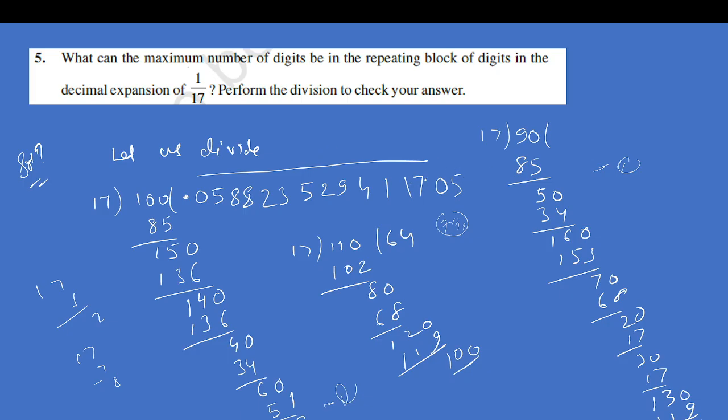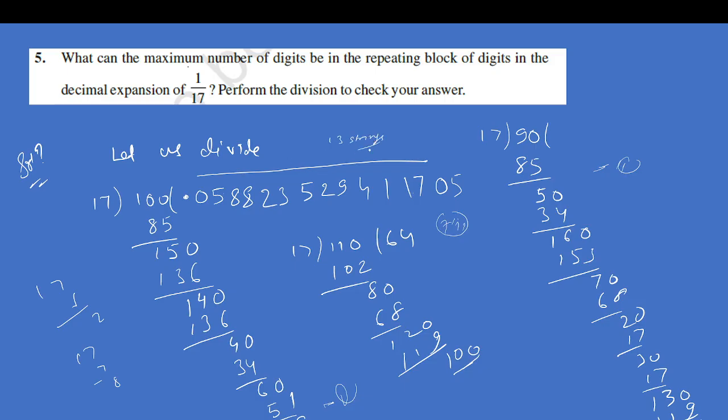After 7 it starts repeating itself. So 1 2 3 4 5 6 7 8 9 10 11 12 13. We know that it is less than 17, but how much we don't know. So we have performed the calculation and found that 13 digits are repeating.